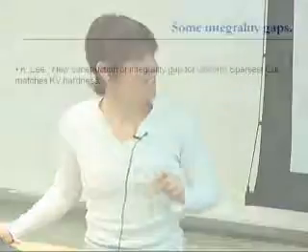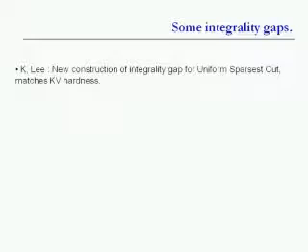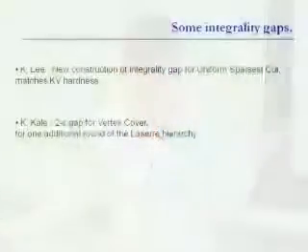Okay, this is just one slide about a couple of other things that I have done. One of them is with Lee, and we have a construction of an integrality gap for uniform sparsest cut that matches the Khot-Vishnoi hardness and gives some intuition and probably some way around proving tighter bounds, which I'm probably going to send to CCC.